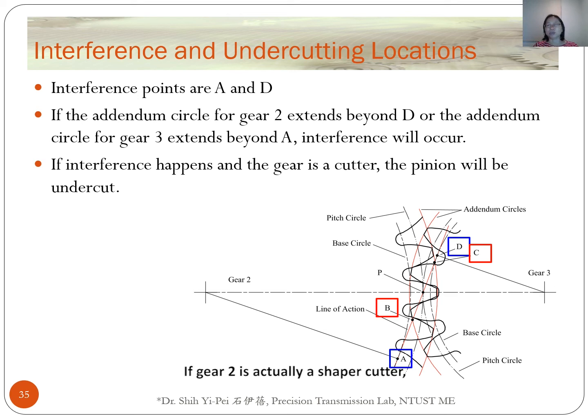So, if gear 2 is actually a shaper cutter, the material in the interference region of the pinion will be removed. Then the pinion will be undercut. The undercut pinion has high stress in the root region. It may cause gear bending failure, like this picture.